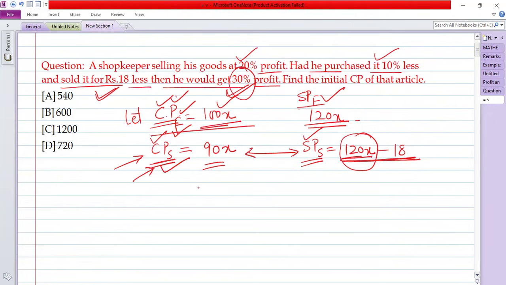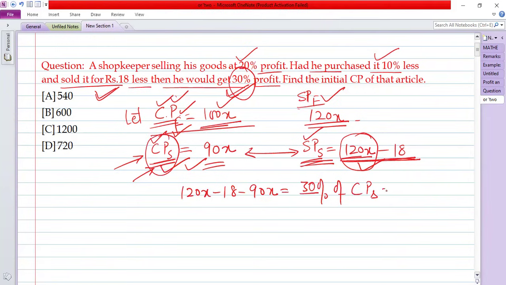Means the difference, 120x minus 18 minus 90x, will be 30% of the second cost price, that is, 30% of 90x.